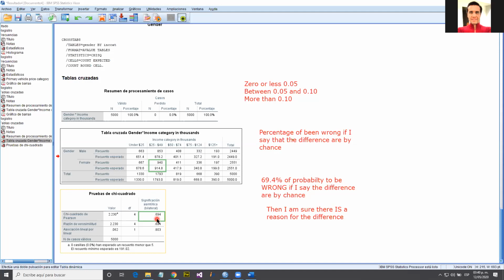Now the question is, if I have more women in my classroom, can I say that you are going to get better grades than another group with more men? And the answer is no. Because if I make these statistics, I am going to get a number below 5%.